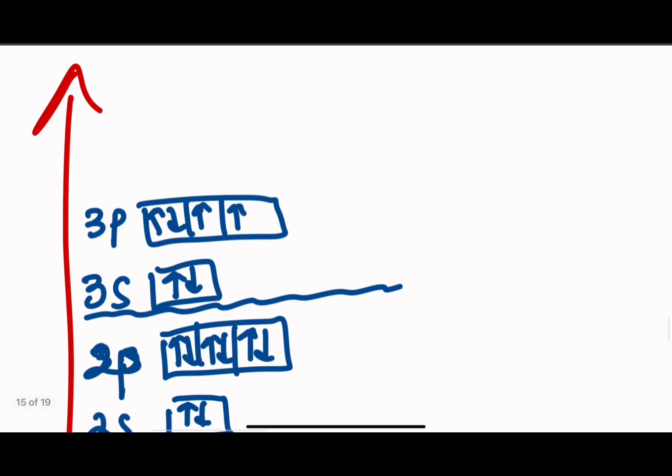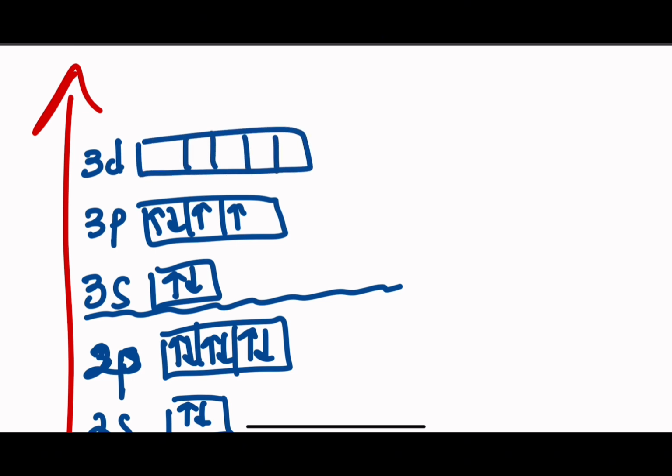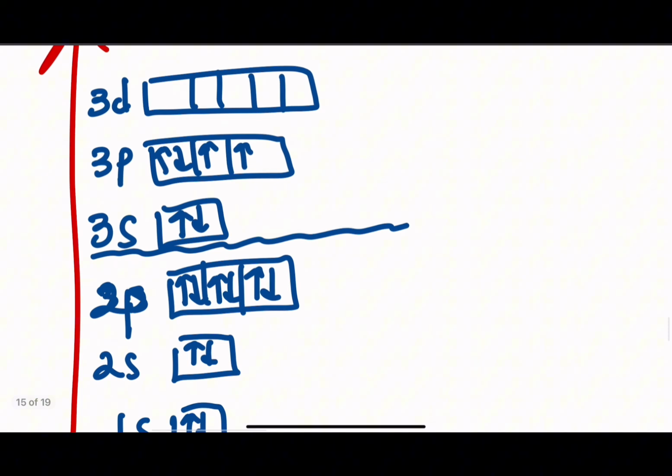And then in excited state, I told you that you need to write the 3d first. So the paired electron in the last energetic shell, the very last one, is this first orbital you see in here. So we're gonna remove this electron from here, and move it upward.